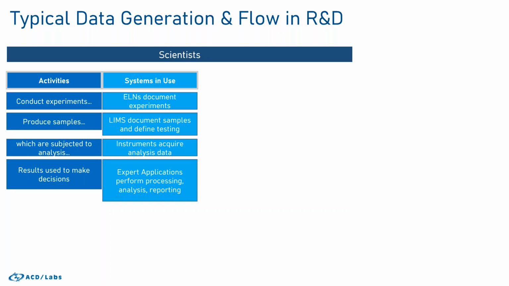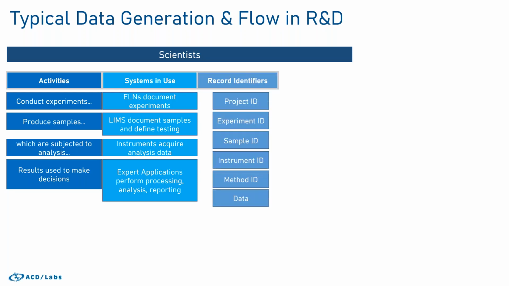Scientists will also interact with a number of different systems, whether it's ELNs, LIMS systems, the acquisition software, as well as the expert applications that they will use in order to perform data processing, interpretation, analysis, or creating reports. And these systems will create some sort of identifiers, right?